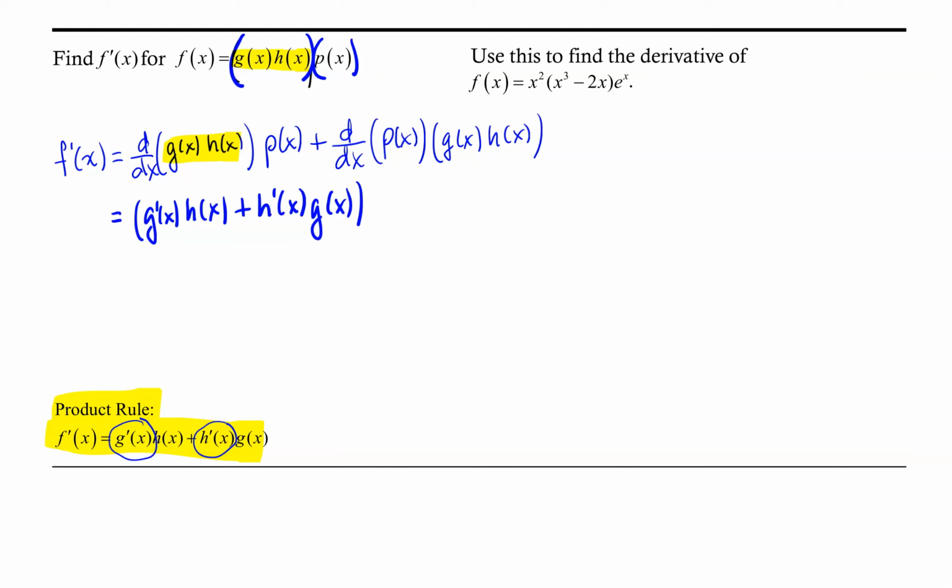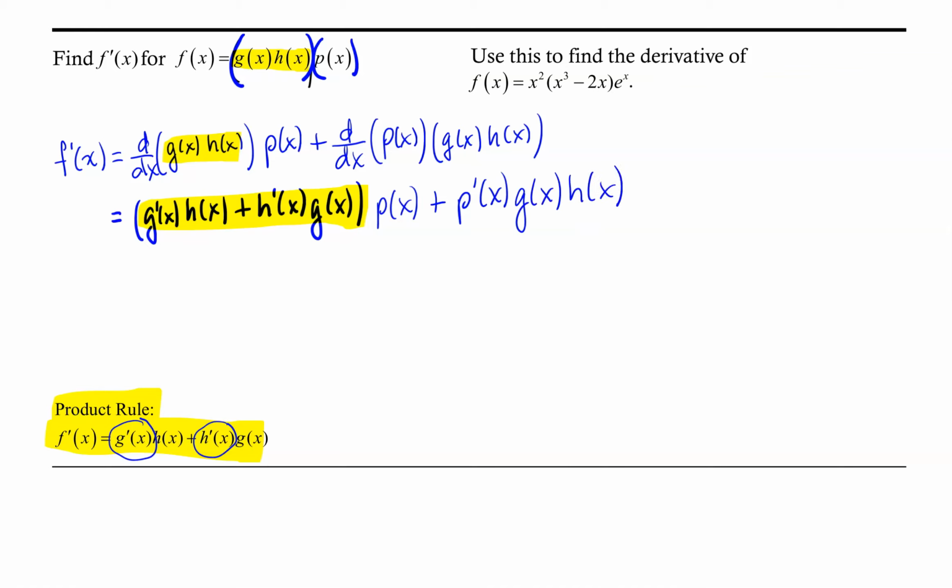That's applying the product rule. And then that times p of x. Plus, and now when we take the derivative of p of x, we will get p prime of x times g of x times h of x.